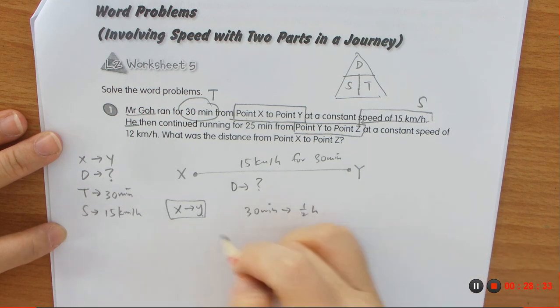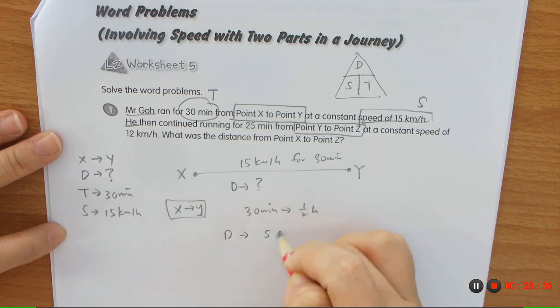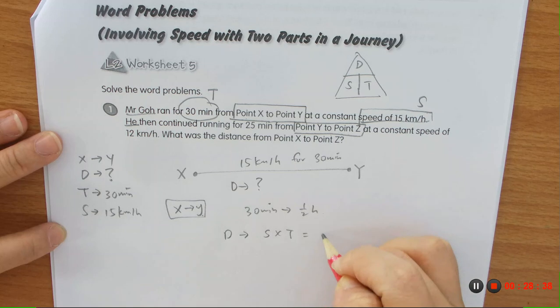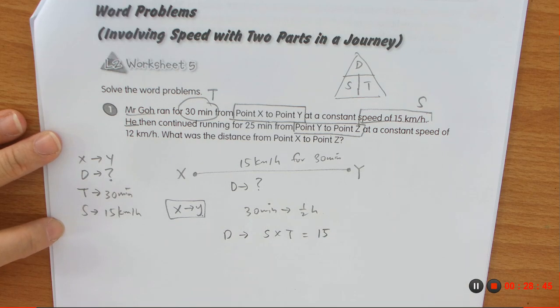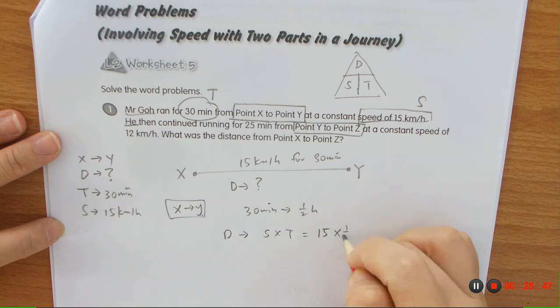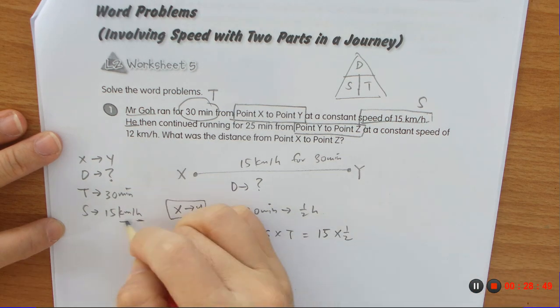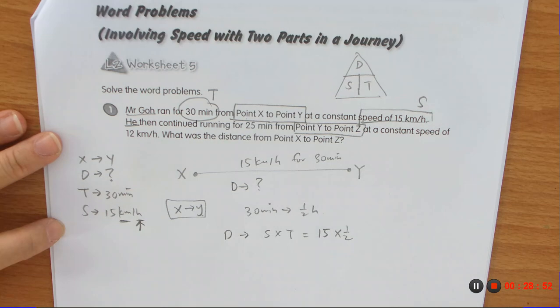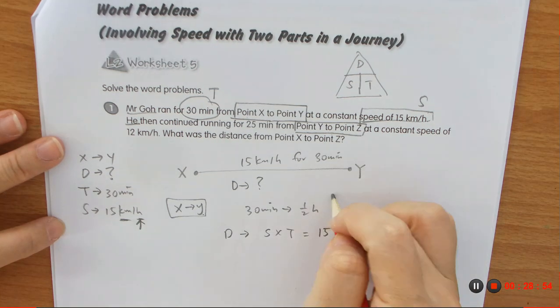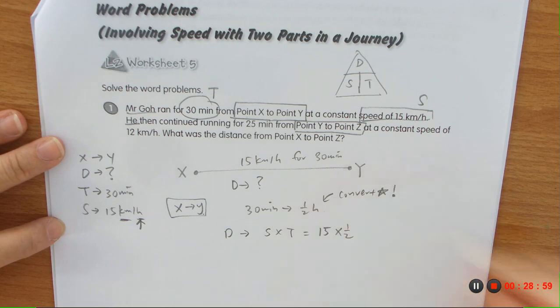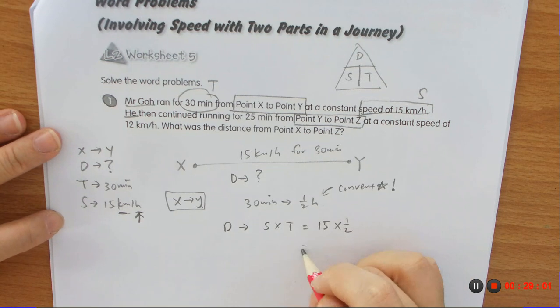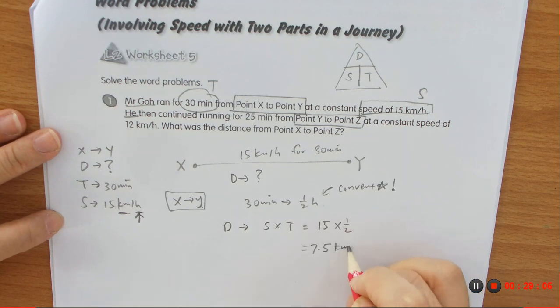So from X to Y, the distance will be speed times time, and that will be 15 km per hour times half, because it's kilometer per hour. So be very careful with the units, it's not minutes. That's why the first step I did was to convert. Yes, the answer is 7.5, and that is kilometer. So I've got X to Y settled.